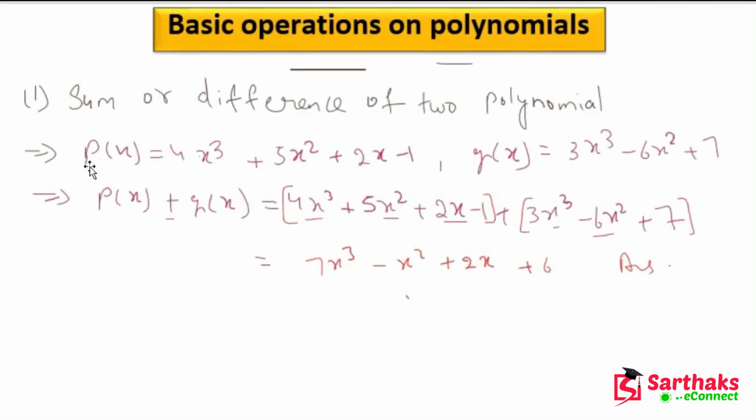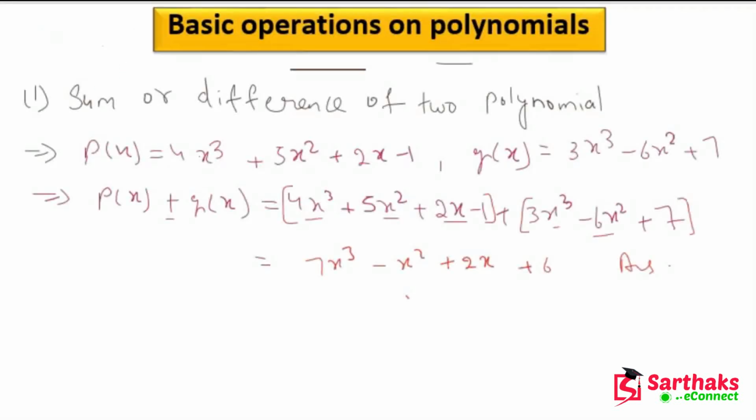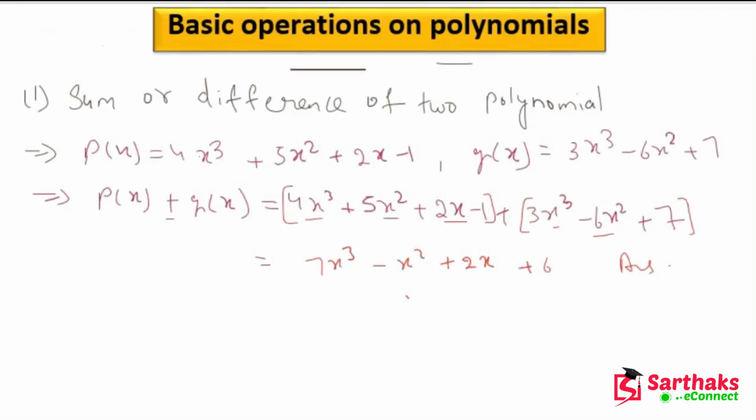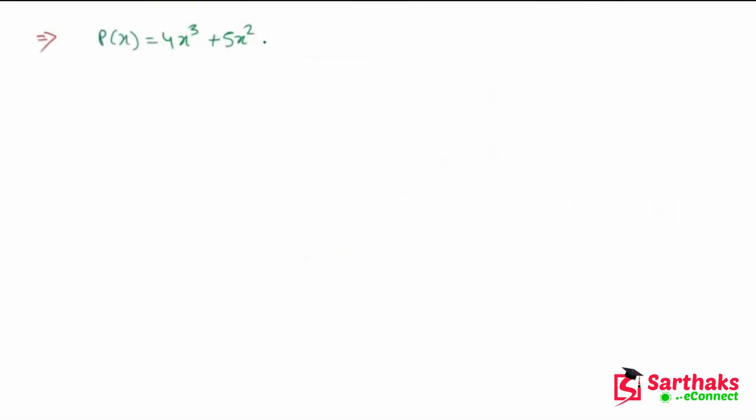Let's take the same example. Here p of x is 4x cube plus 5x square plus 2x minus 1.